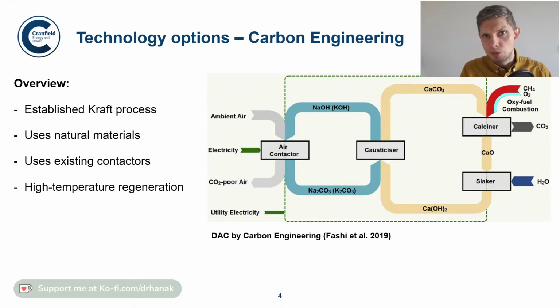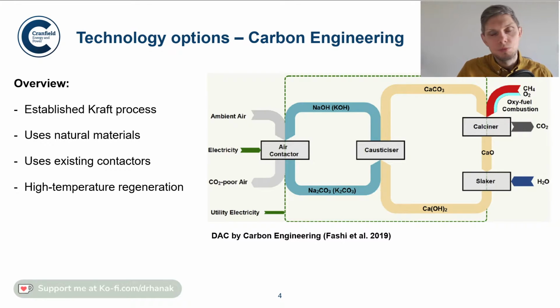The downside of that, in my view, is that it's high-grade temperature regeneration. So basically, to regenerate sorbent, you need high-grade heat. And in many cases, that's provided by oxy-combustion of fuel, or fossil fuel. So you can see that to take away CO2 from the air, you use fossil fuel.